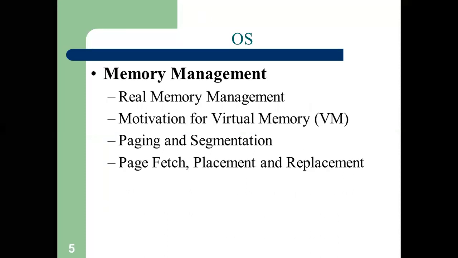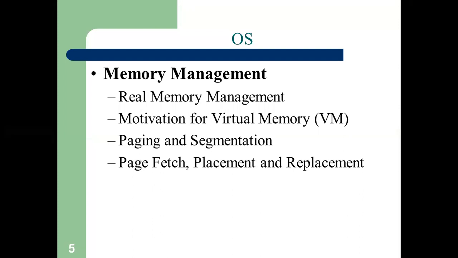Another characteristic of the operating system is memory management. The main property of the operating system is memory management. Here you can see real memory management, motivation for virtual memory, and paging and segmentation, page fetch, placement, and replacement.